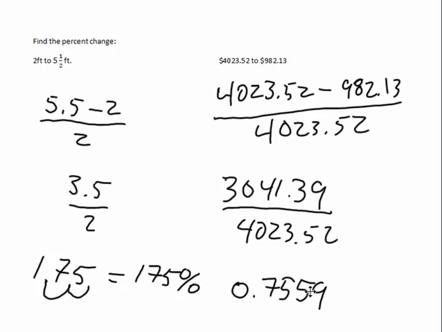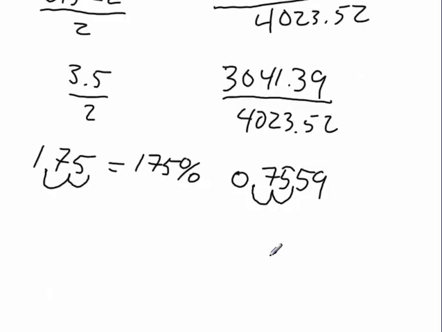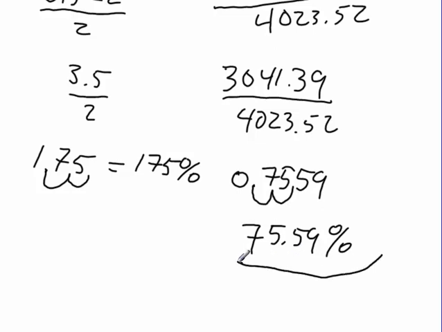Whenever we look at percentages as decimals, in general we use 4, because when I turn this into a percent, I go 2 places to the right, and that tells me now I have a 75.59% decrease. So we have decreased 75.59%.